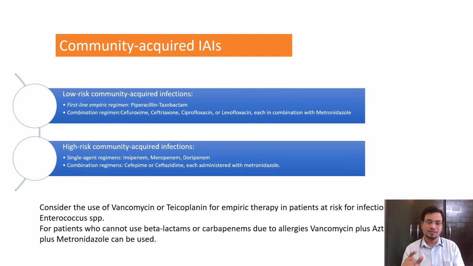So this is a specific important point I would like to mention: where you cannot use beta lactams or carbapenem due to allergies to these, definitely you must go for triple combination, that is vancomycin, aztreonam, and metronidazole.